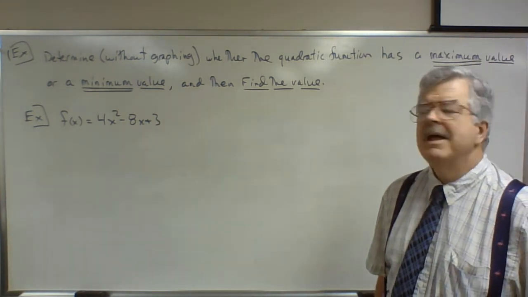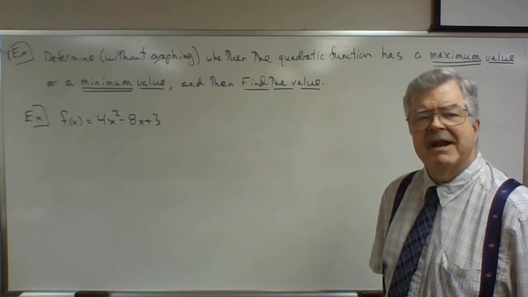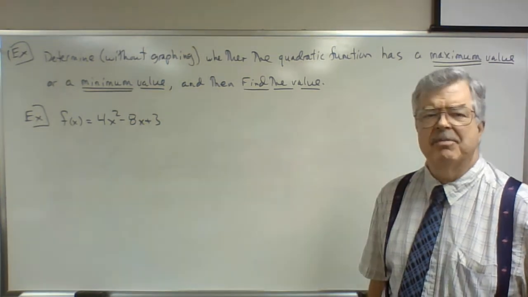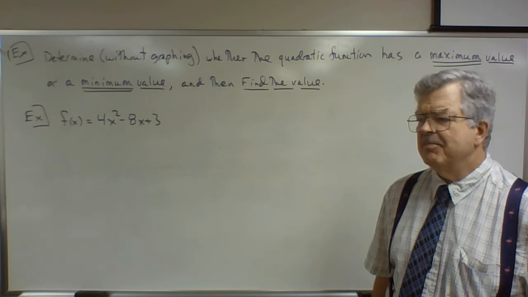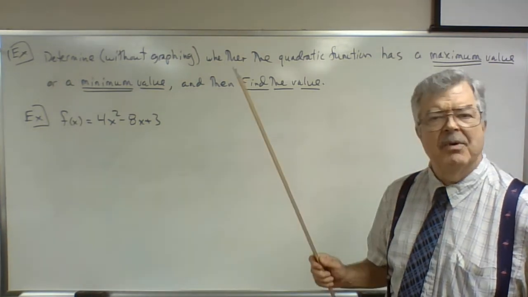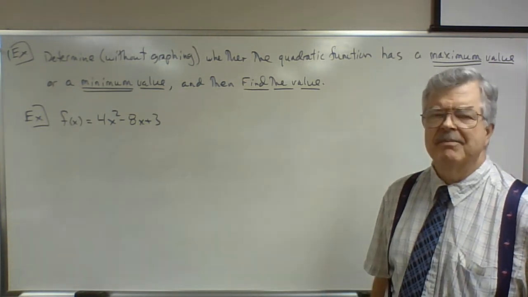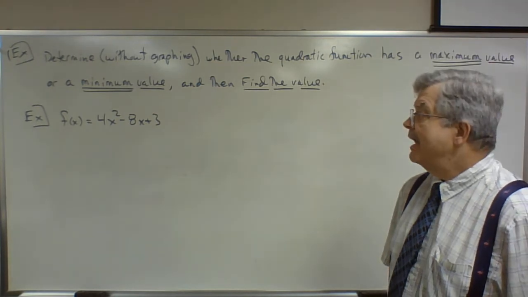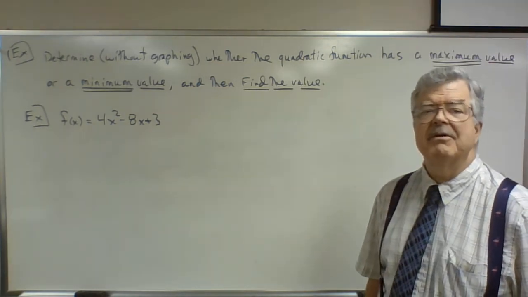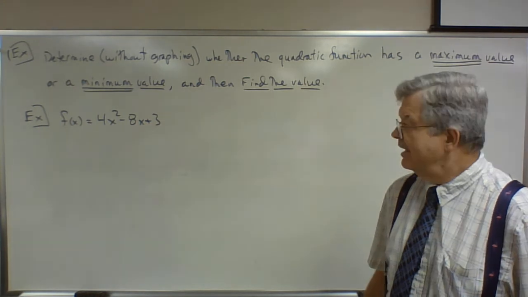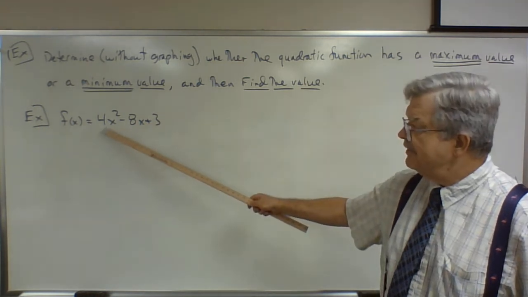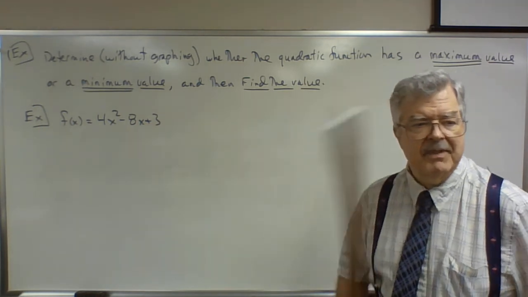Well, every quadratic function has a graph that's a parabola. And every parabola either has a high point or a low point, but not both. And whether it has a high point or a low point depends on the coefficient of x squared.